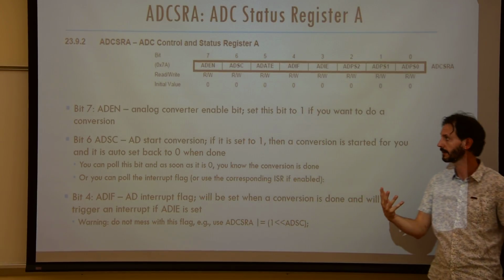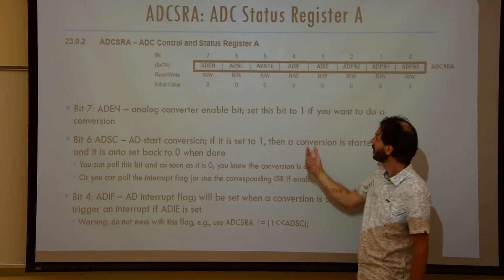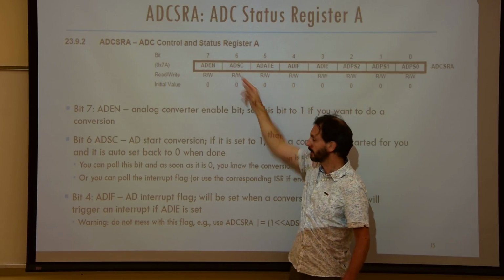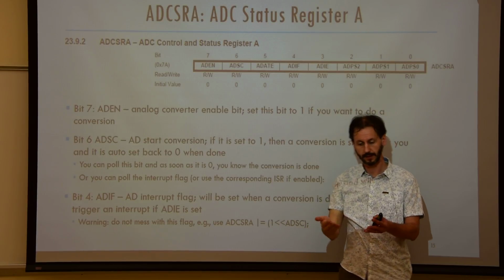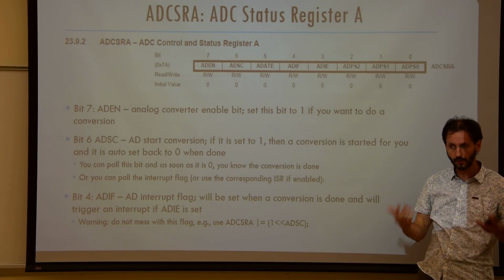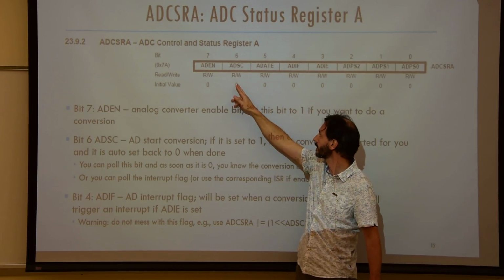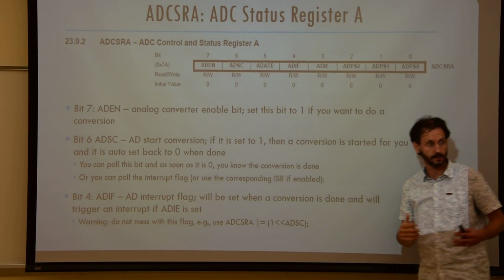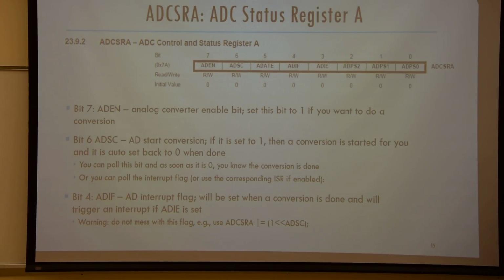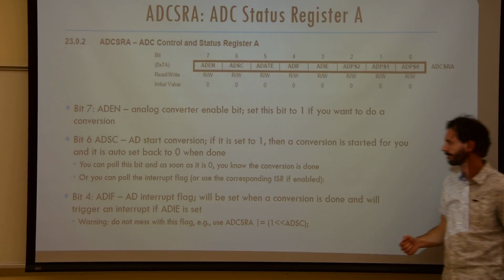So what can you do with that? Well, you can poll the ADSC. So I set it to 1. And then, for example, I have a while loop that checks whether the bit at this position gets back to 0. And once it's back to 0, I know that the conversion is completed.